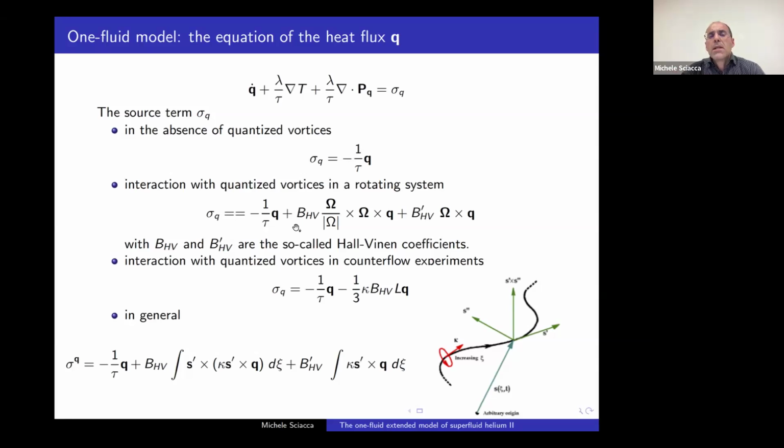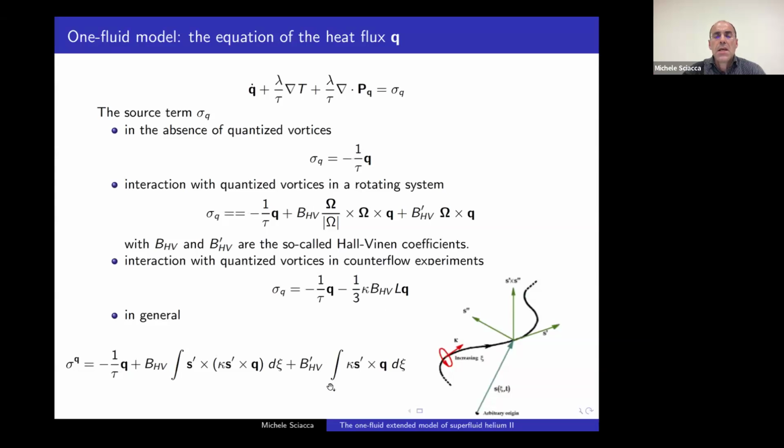Here we can consider, for instance, this term, which is the classical term proposed by John Wienen. Essentially, whoever is familiar with the two-fluid model recognizes in this term the mutual friction force in the presence of a rotating system, or this term, which is proportional to the mutual friction force you have in the counterflow experiment.